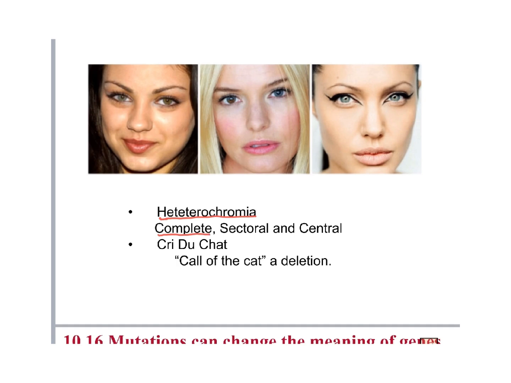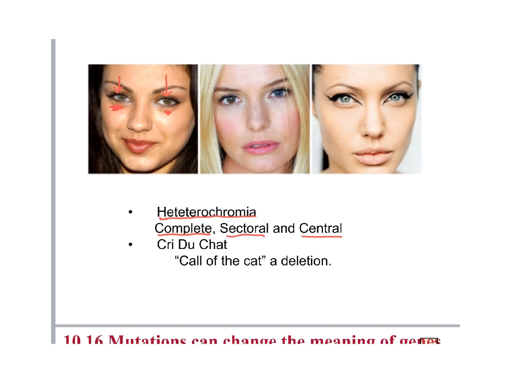You can have complete, sectoral, or central heterochromia. So Mila Kunis right here has one totally different colored eye than the other, whereas this one over here is more of a hazel color. This is more of a greenish blue. That's complete heterochromia, meaning completely a different color.